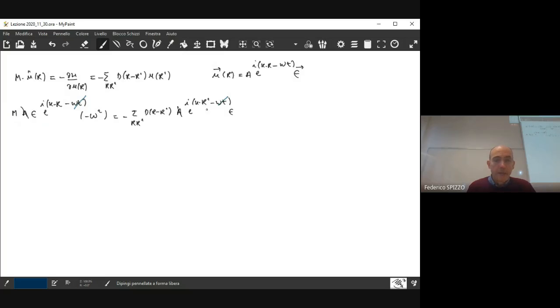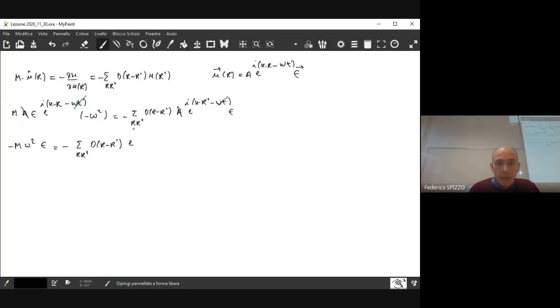I may not simplify the position dependence because here I have r and on the other side I have r prime. So in this case I have that m minus m omega squared, the polarization vector, is equal to minus summation over r and r prime of D of r minus r prime.